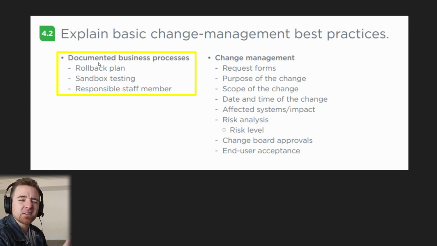So you'll need to know about the idea of documenting business processes in a way that is appropriate, I suppose. And within that category, you'll need to know what a rollback plan is, what sandbox testing is, and understand the concept of delegating tasks to a responsible staff member as well. And you'll also need to know about these over here, but that's for another day, I think.